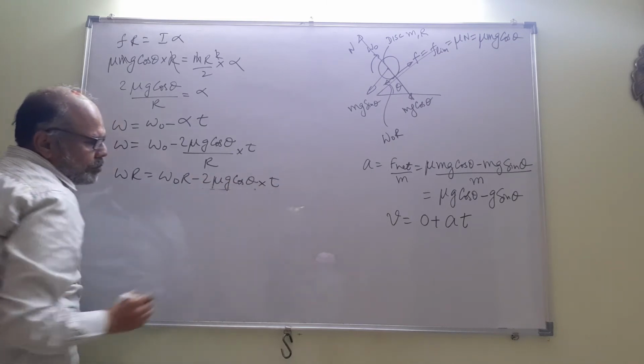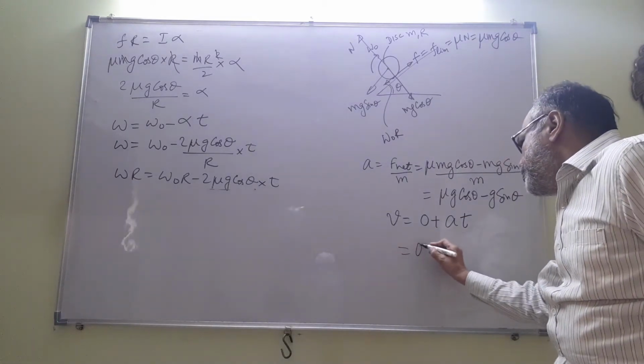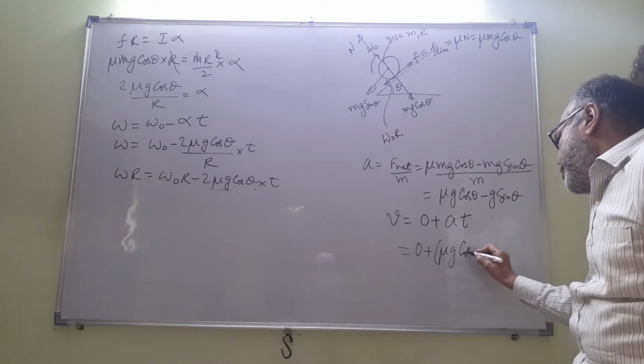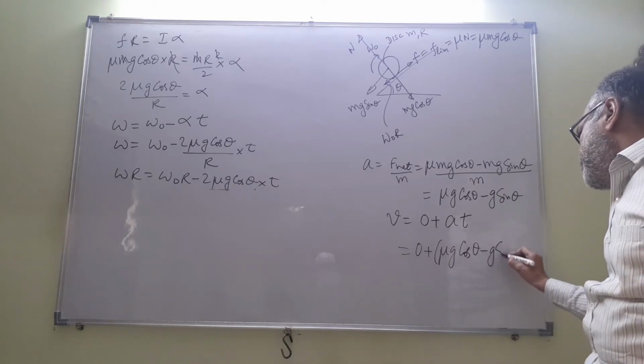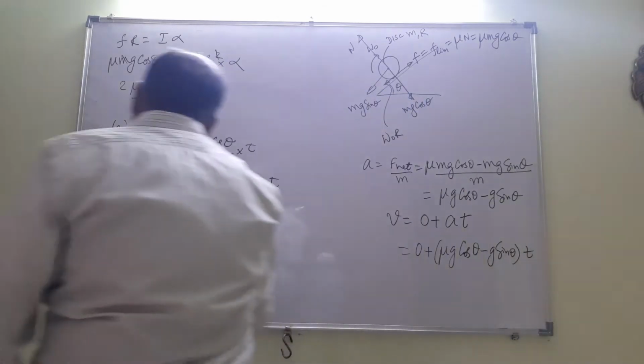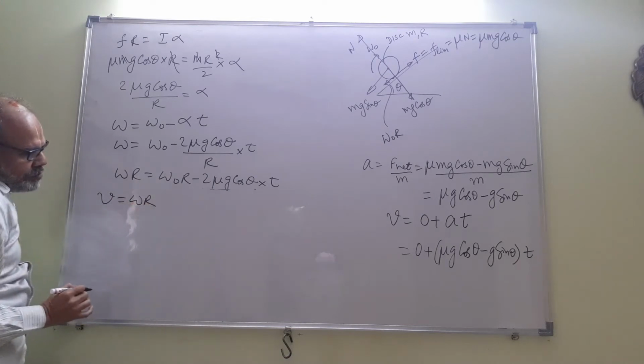Here we have v equal to 0 plus a, which is mu g cos theta minus g sine theta, into t. And when pure rolling occurs, v will be equal to omega r.